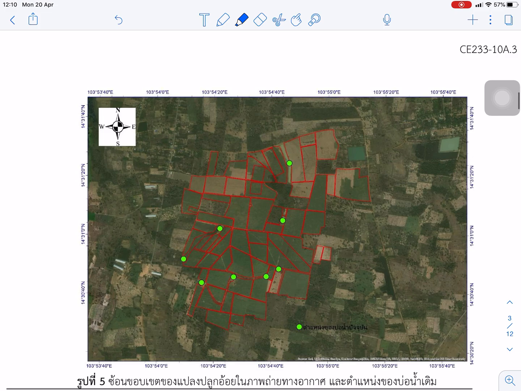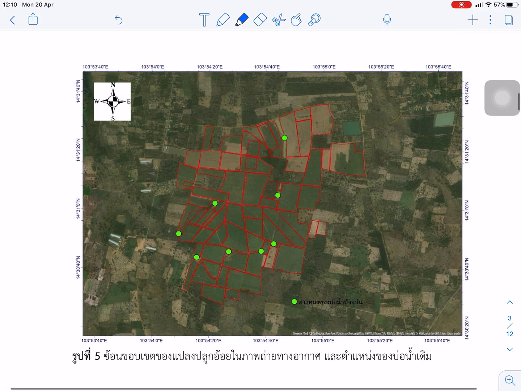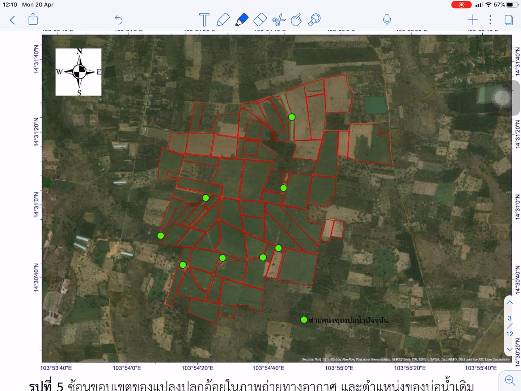The green spot is the existing pond in this area, so we have to utilize this pond for our project as well.